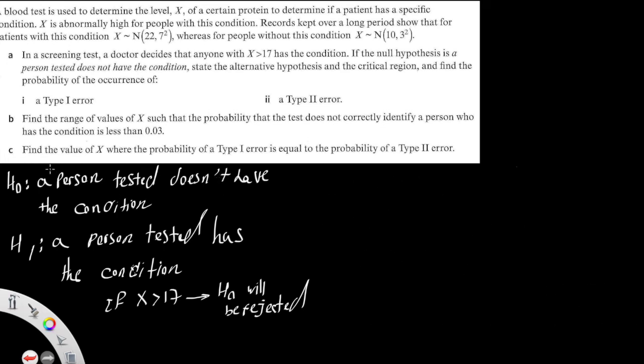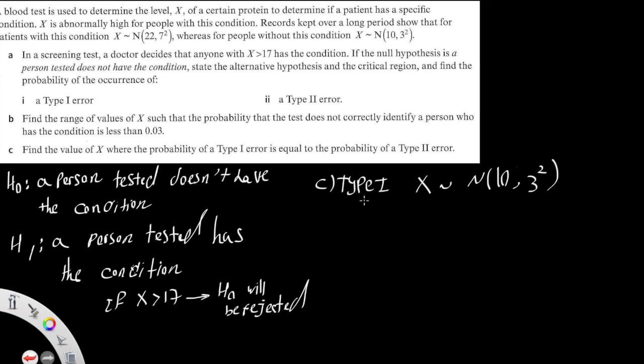Part C, find the value of x where the probability of a type 1 error is equal to the probability of a type 2 error. Now part C, for type 1, we know that x has normal distribution with 10 and 3 squared, because for type 1 error H0 is true.